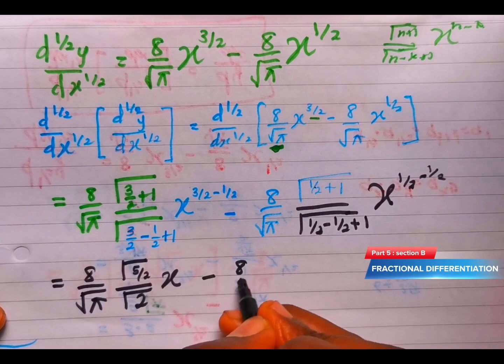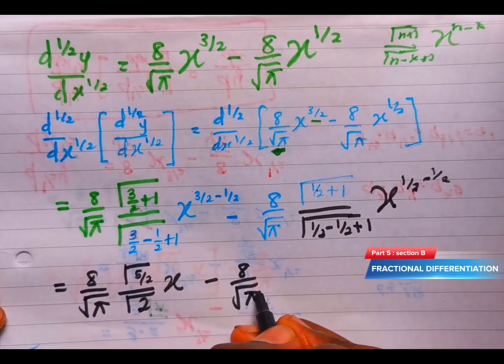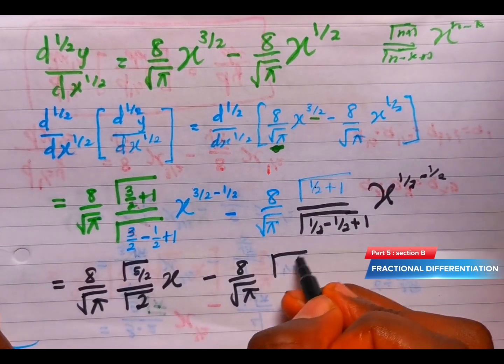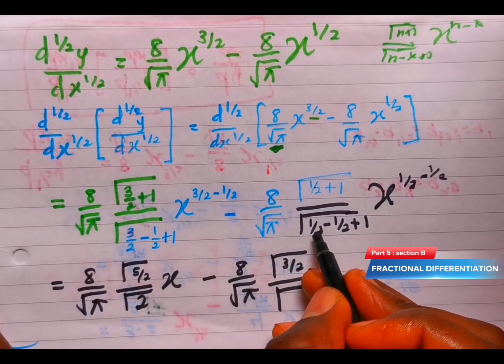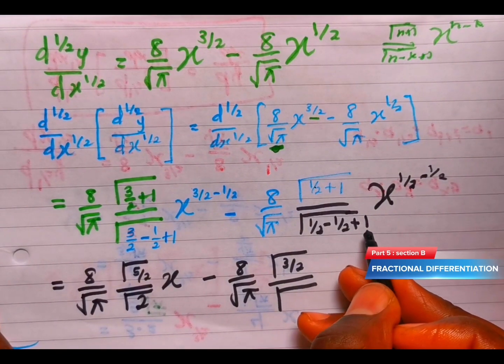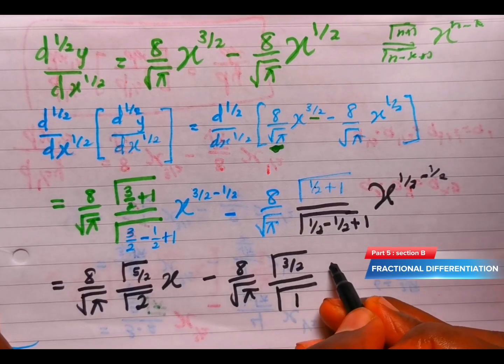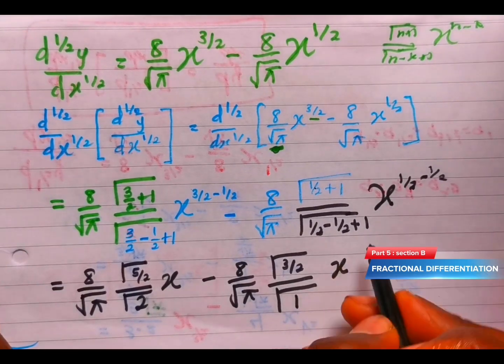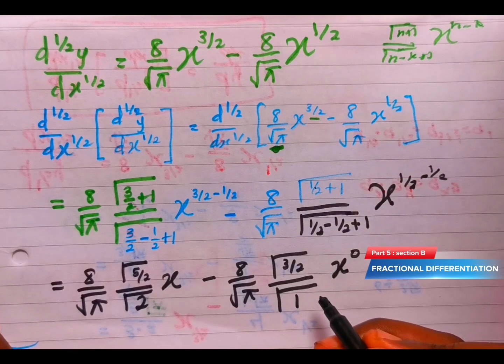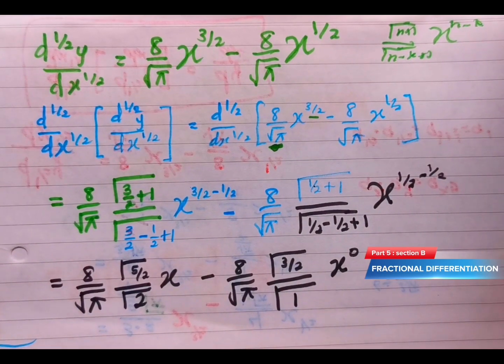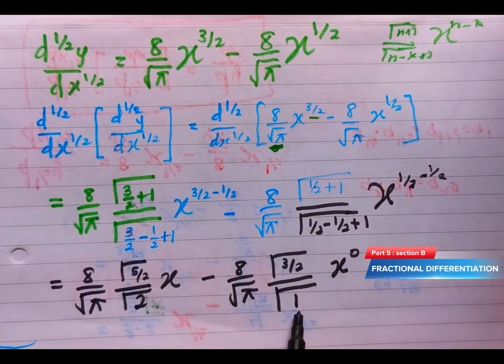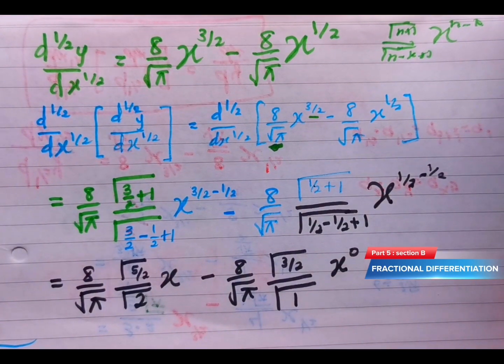Then minus 8 over the square root of pi, and 1 over 2 minus 1 over 2 is 0 plus 1, so I have the gamma of 1. Then I have x to the power 0. The gamma of 2 is the same thing as 1 factorial, while the gamma of 1 is the same as 0 factorial.